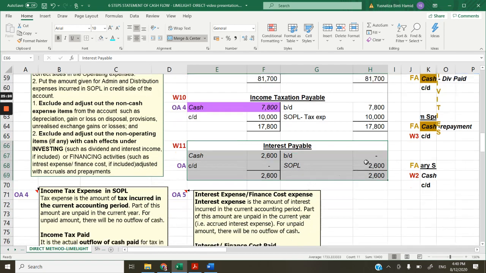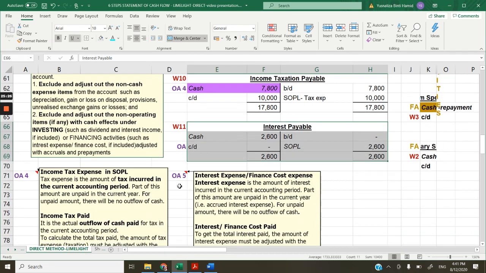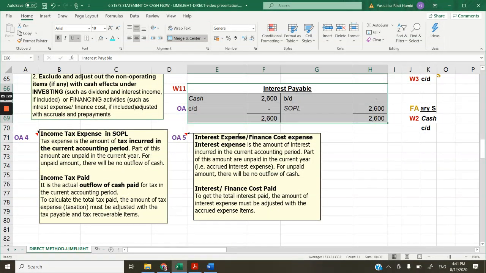Right, the next item is interest payable. Okay, for interest payable, or sometimes you may have finance costs, maybe things like dividends on redeemable preference shares. These are also finance costs. Normally we are looking at the amount incurred in the current accounting period, but a part of this amount is unpaid.